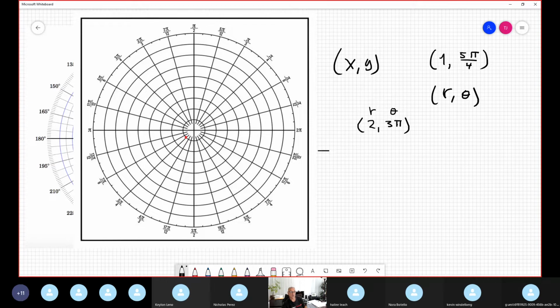R2 is the second circumference. And 3 pi is pi, because 3 pi is 2 pi plus pi, and 2 pi is 1 revolution. So we are doing 1 revolution, I don't care, and stop at pi, because the point is plotted like that. 2 and pi. Boom, here. Do you see or no?